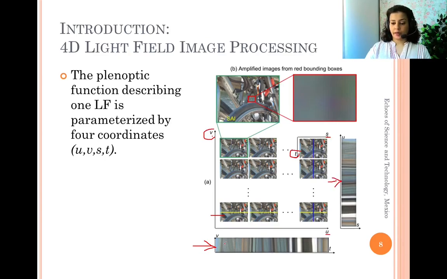In EPIs, the slopes of lines give information about the depth and geometry of a light field image. So if there is a disturbance in the pixel values of a light field image, the lines in EPIs are also disturbed. So EPI representation of light field images is widely used in different target domains of light field image processing.